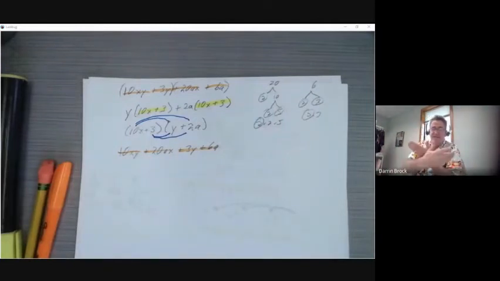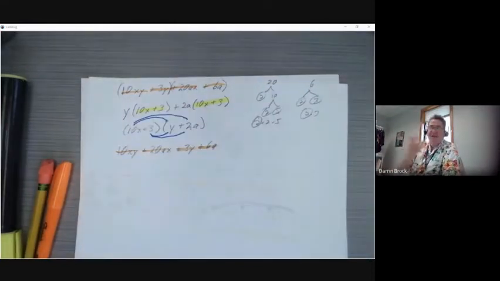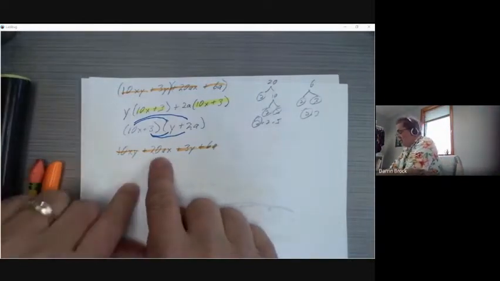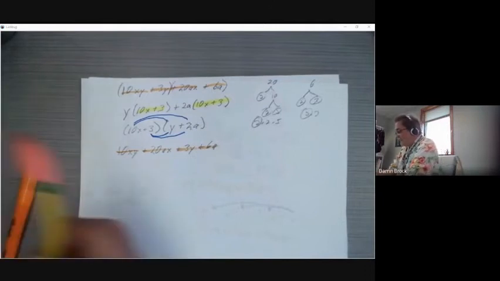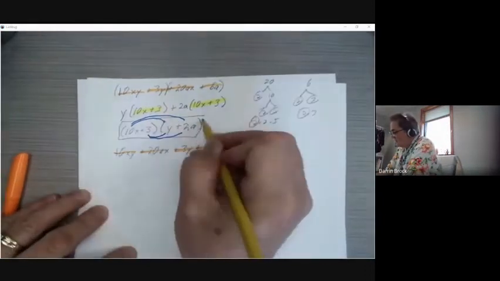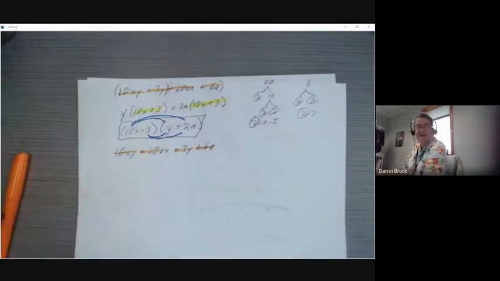We can switch those terms if we're just adding. Doesn't matter which one we add first. We're adding them both. So this is the correct answer. These are the correct factors for this polynomial, because when we multiply them back together, it takes us back to what we started with.